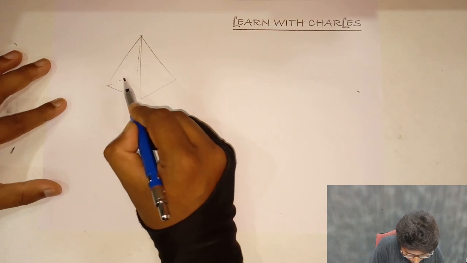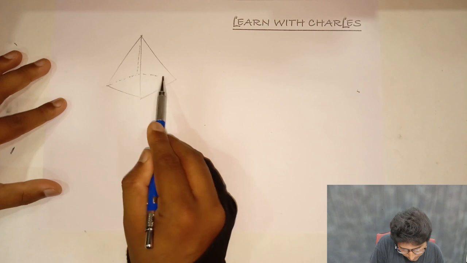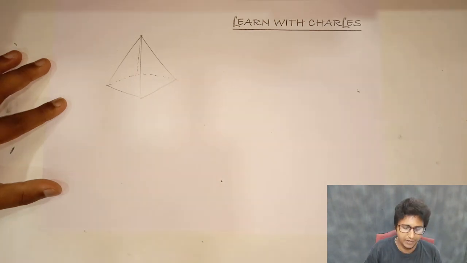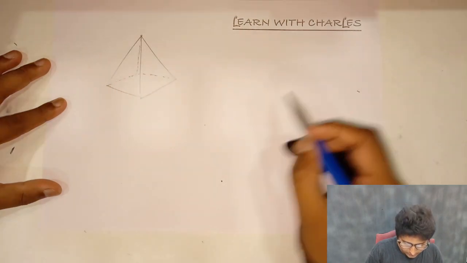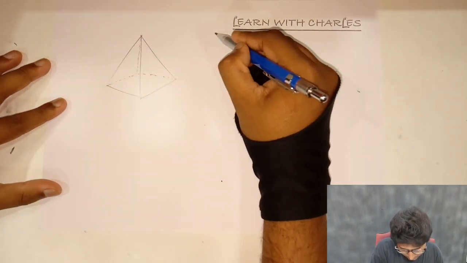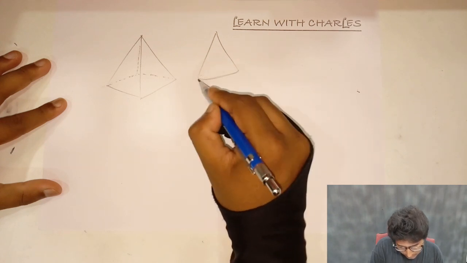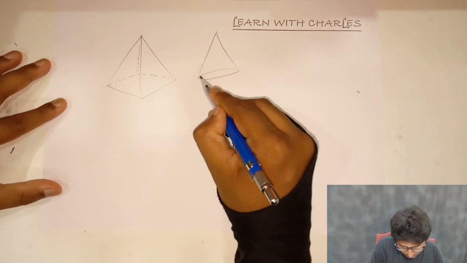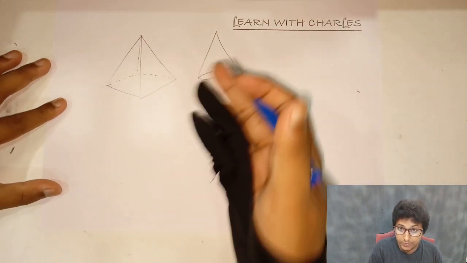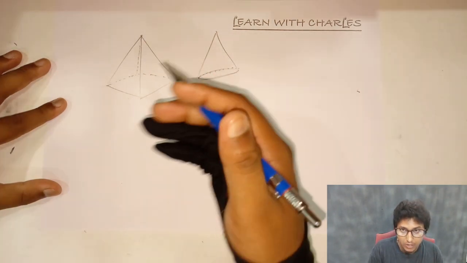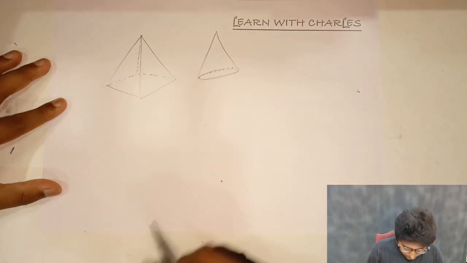We just need to draw through a square pyramid because it is the other side. Now let's see. This is a circle pyramid. Why? Because its base is a circle. So you can call this a cone also.